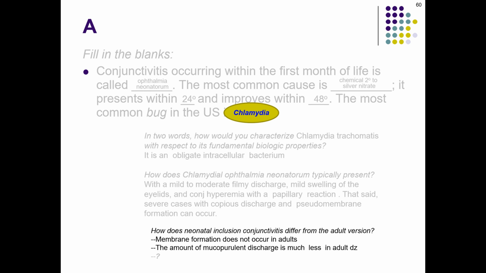However, it's more in the neonatal conjunctivitis. And the third very important point that we talked about previously, that in the adult form, the conjunctival reaction is follicular. So this is a very important question for MCQs. In neonates, the reaction is papillary, but in adults, the reaction is follicular.